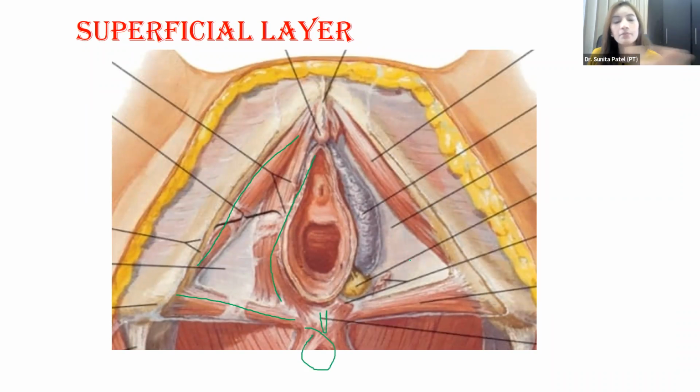The complete superficial layer will be covered by a very thin fascia. So any tightness or damage to the fascia can create tension in the whole muscle. This is very important in cases of spasmodic conditions.